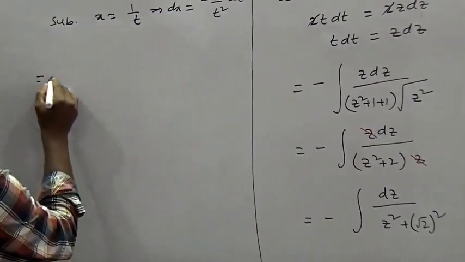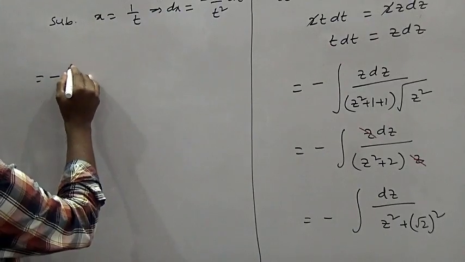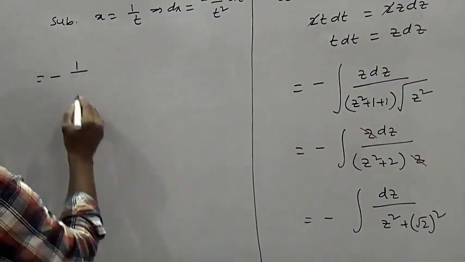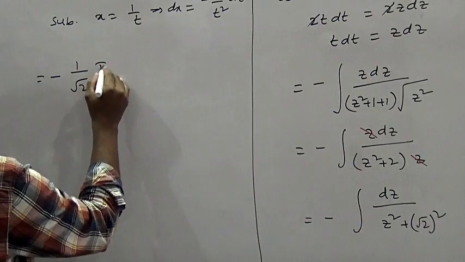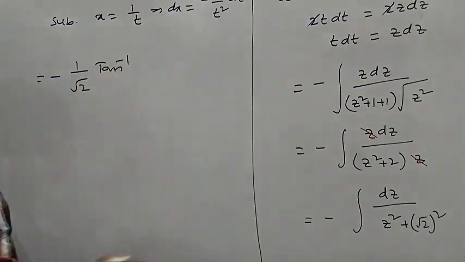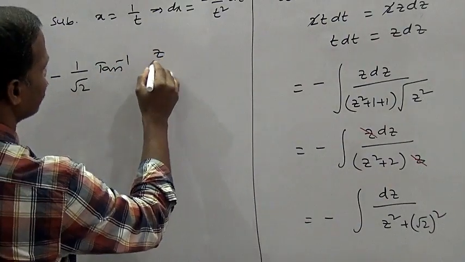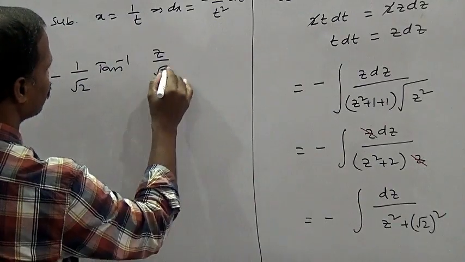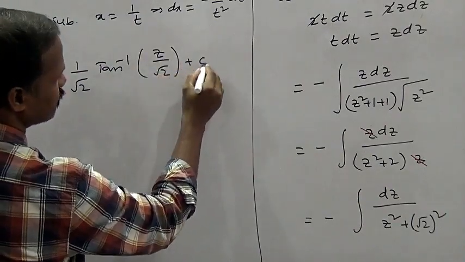So this is equal to minus 1 by root 2 tan inverse z by root 2 plus c.